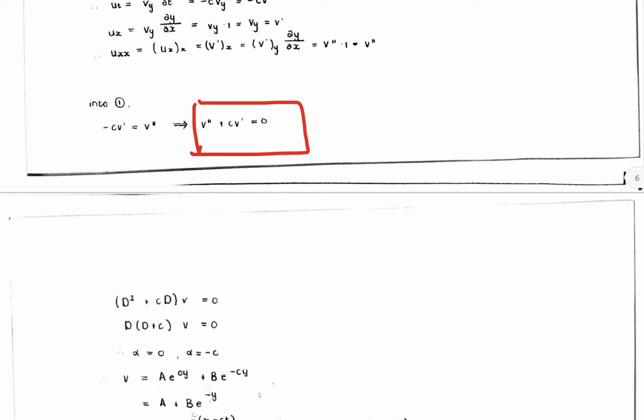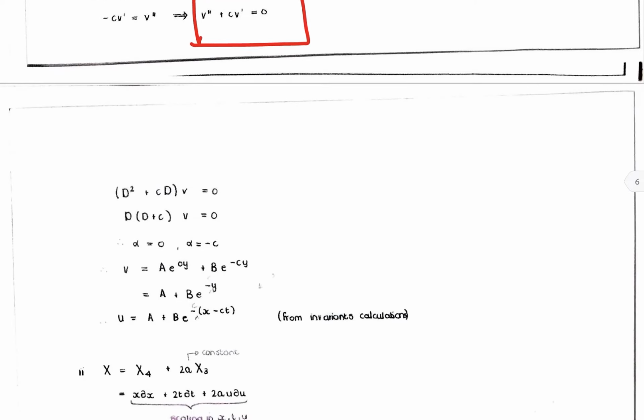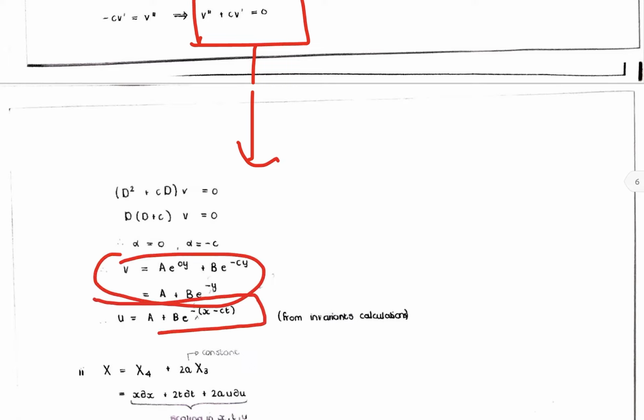Now we notice it's reduced in the number of independent variables, which is now 1, and this, it turns out, is straightforward to solve. Beyond the reduction, we end up with a solution of V, and replacing the V's and the Y's, we end up with a traveling wave solution of the heat equation.